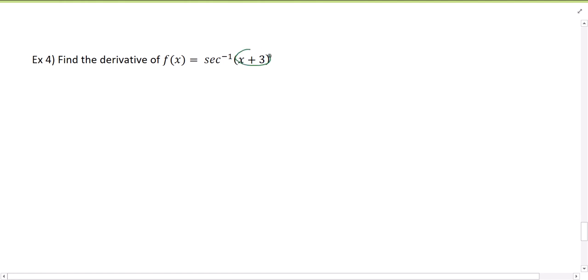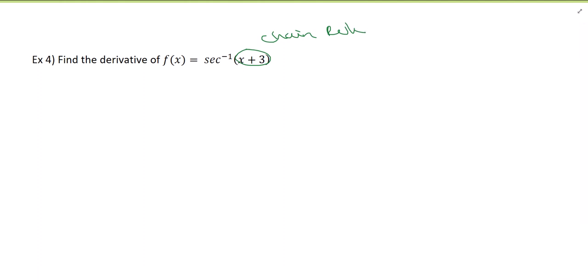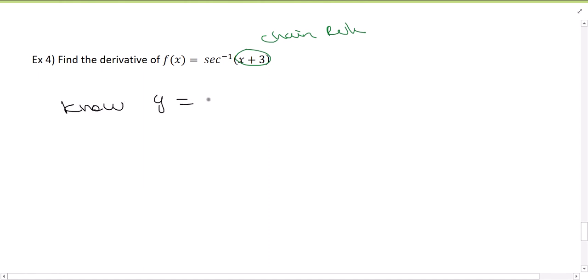So here I'm going to need to use chain rule. And it's secant inverse, so let's see. What do I know? We know that when y equals secant inverse of x, then the derivative is 1 over x times the square root of x squared minus 1.